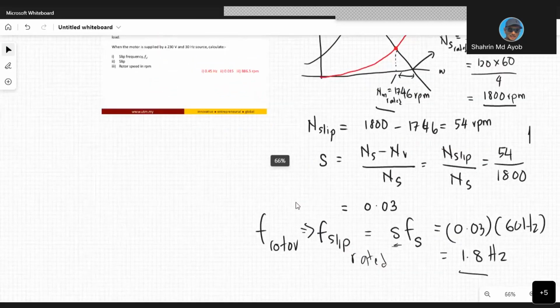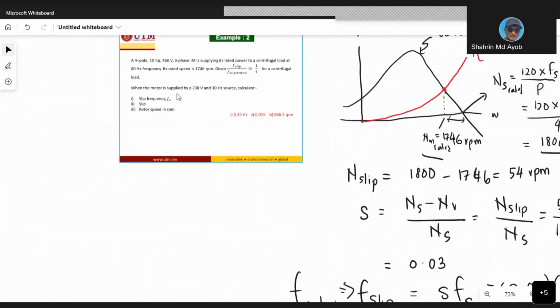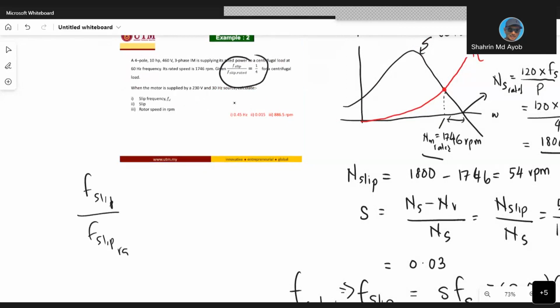The question is, find this when the motor is supplied by 230 volt, frequency 30 Hertz. So what you need to do is, the first one, slip frequency, use this formula. Okay, so F slip over F slip rated, which is you have F slip that you want to find.